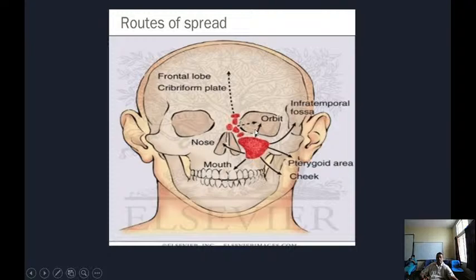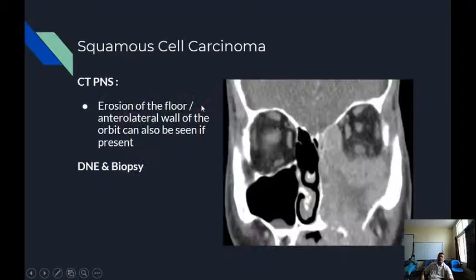It can go into the orbit as well. So these are the various ways in which the tumor spreads, and basically the radiological investigations, and of course the biopsy is the one which confirms.